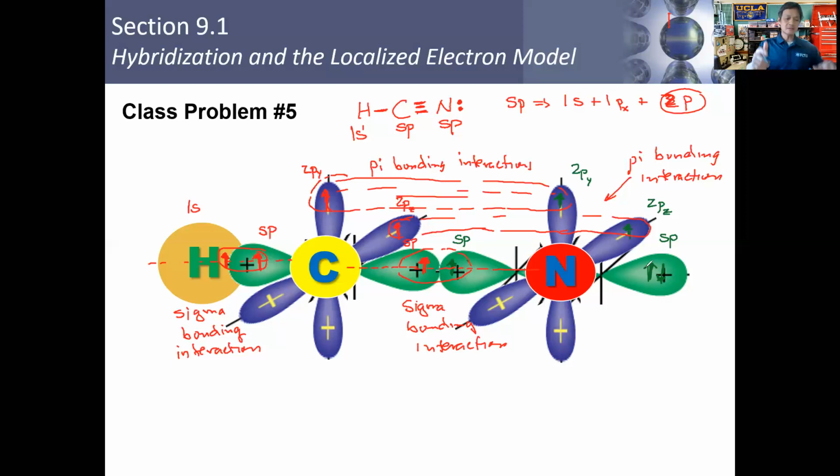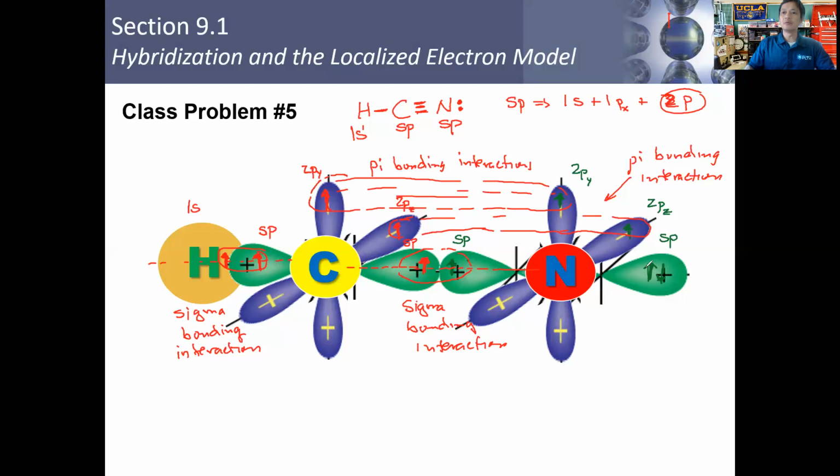So this is the level of detail that you have to be able to include when you characterize the bonds within a molecule. Please make sure you write this down. I don't expect you to draw these bubbles or these shapes, but you need to be able to do them. And I'll finish up here really quickly, folks.